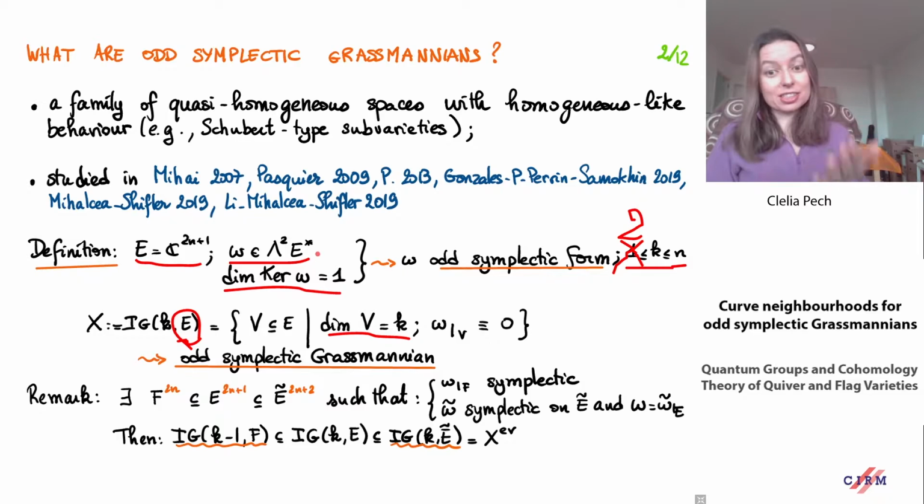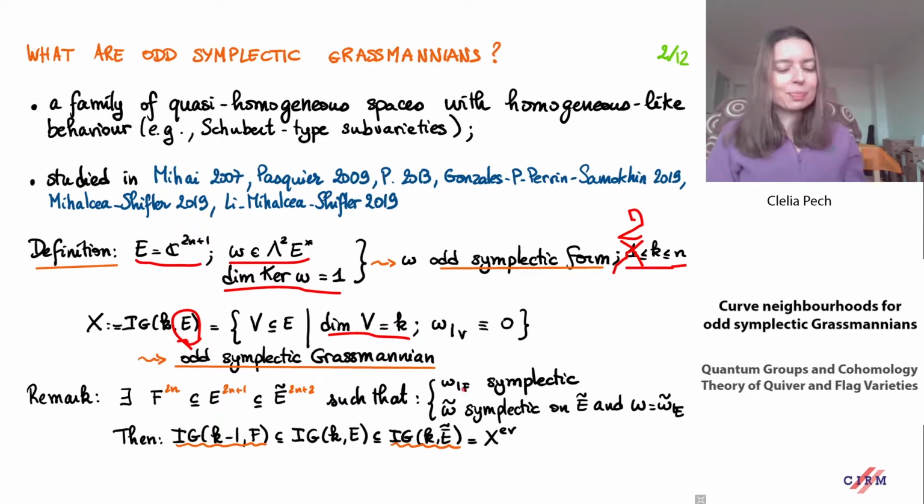These are examples of horospherical varieties. And then there are some results by myself with other people and by my collaborator with other people as well. I'll probably tell a little bit more about this later.